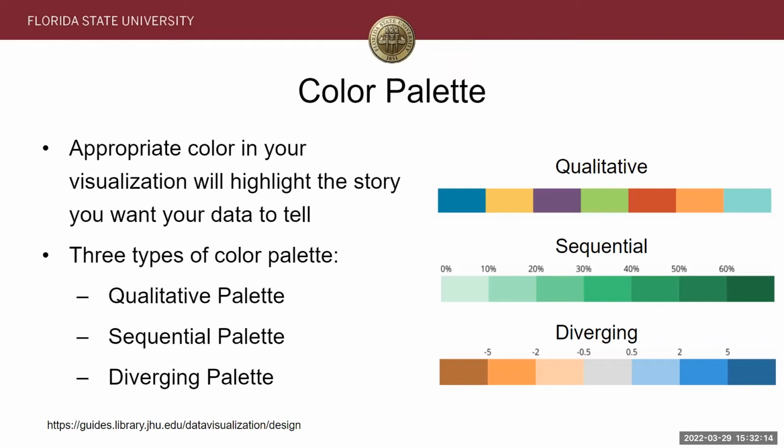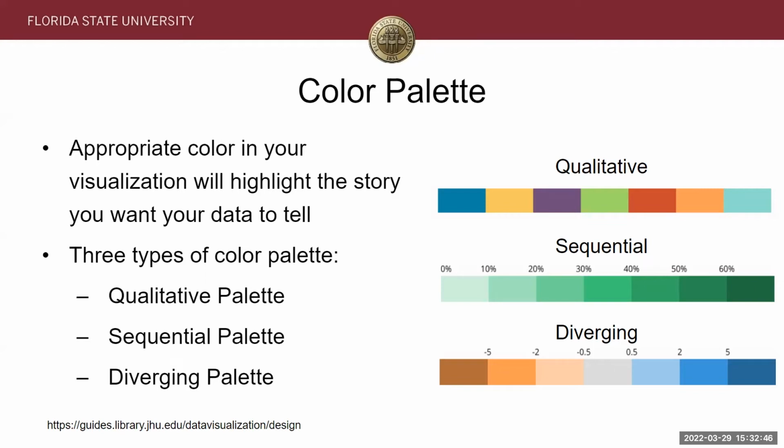So when we think about general color palettes, there's three that I want to point out. And you've probably seen these different bars before with these different color schemes on them, if you've used any software or had to change colors for a chart or a presentation. So the first type is what we could call a qualitative palette.